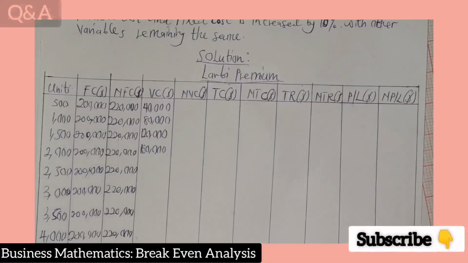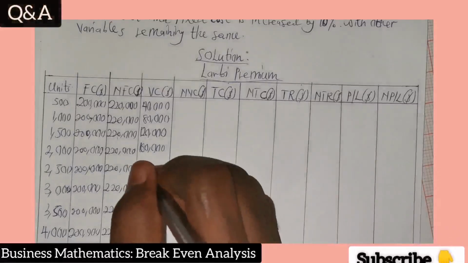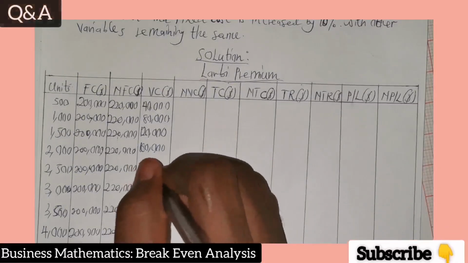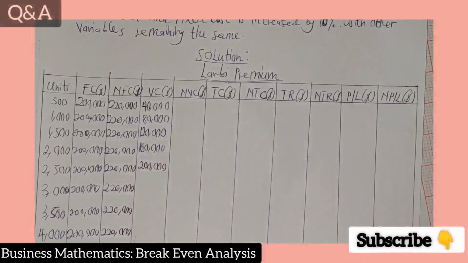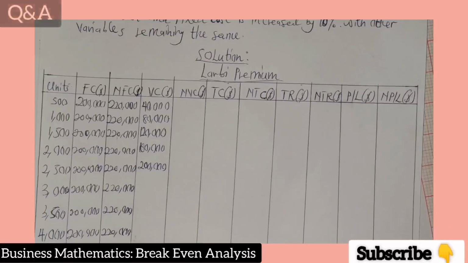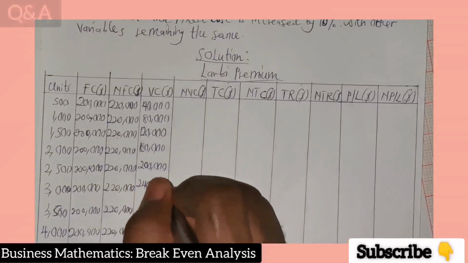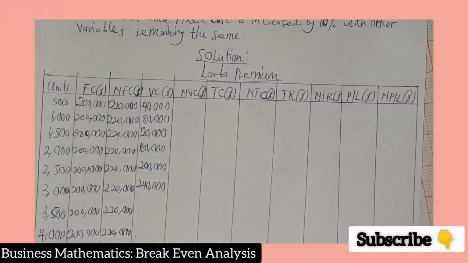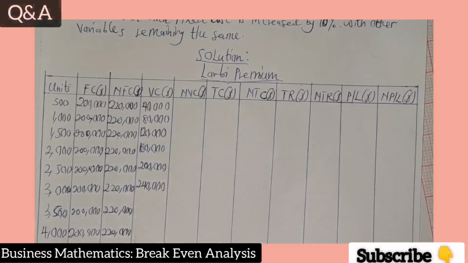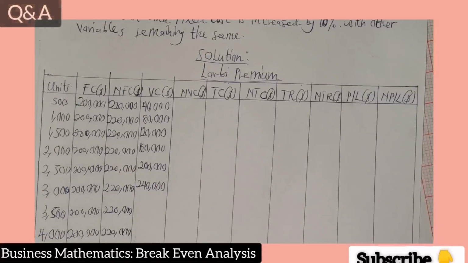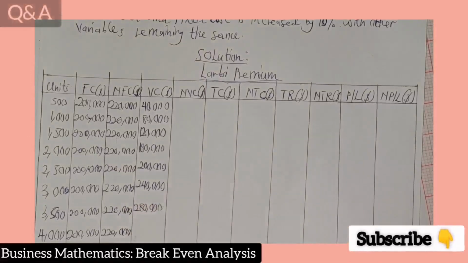Then 2,500 multiplied by 80, you get what? 200,000. I had 200,000, so you can also check yours and let's see. Then the same 80 multiplied by 3,000, I had 240,000. The same 80 multiplied by 3,500, I had 280,000.